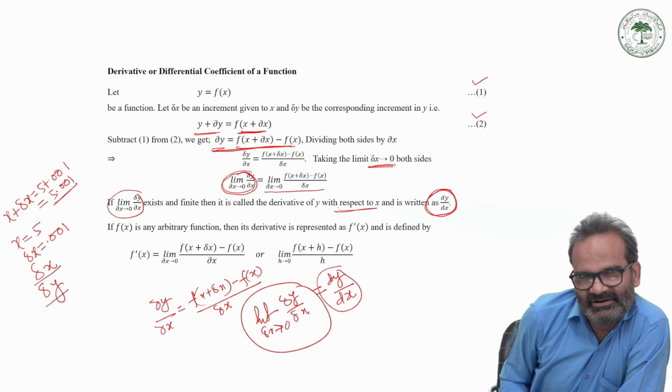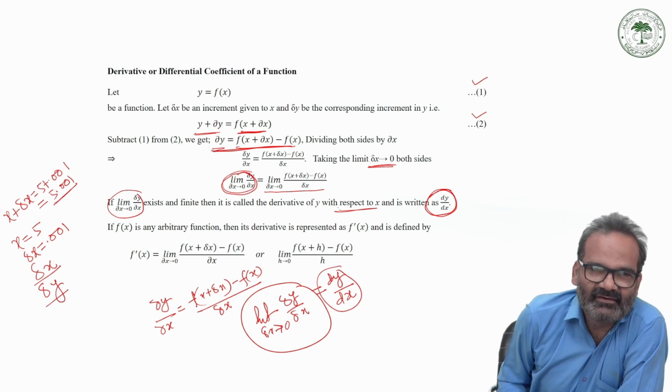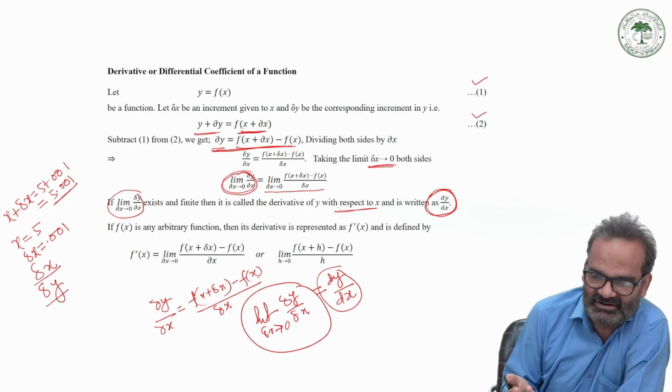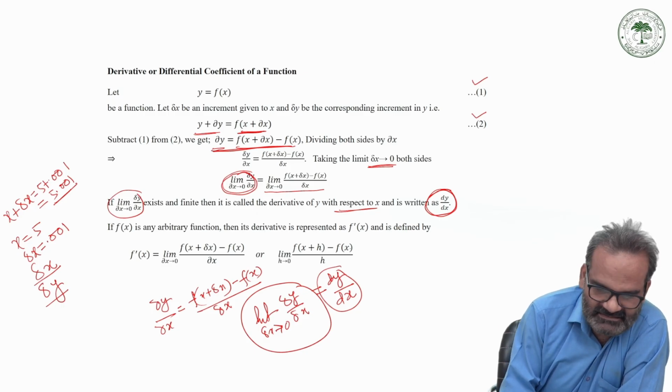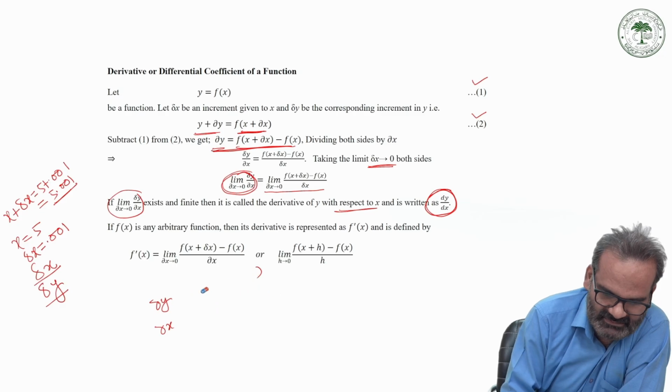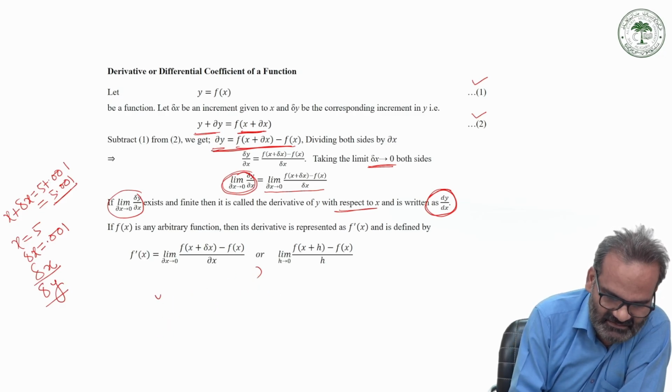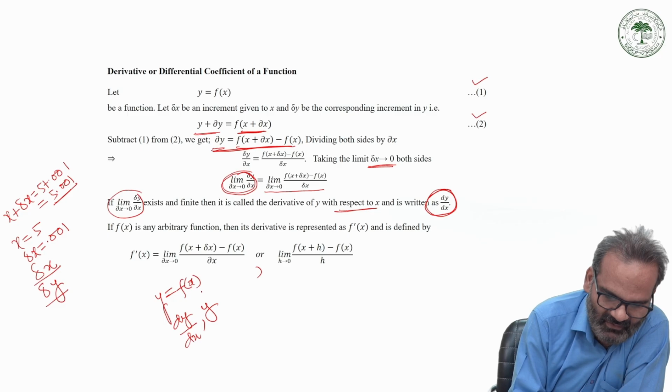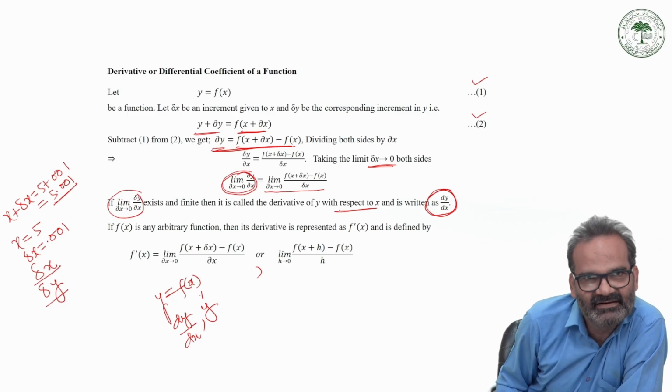This is not the only notation to denote the derivative. If you go through different books, you will get different notations. One notation is dy over dx, no problem. In the second way, if y is equal to f of x is any function, the first derivative is this dy over dx. We can also denote y prime as a derivative.